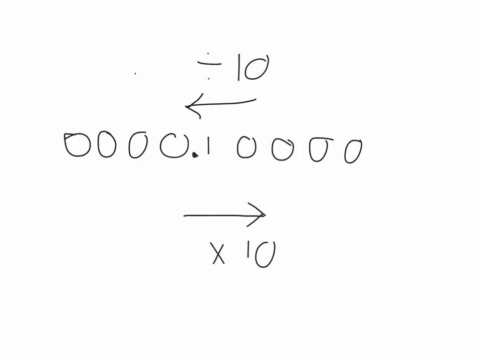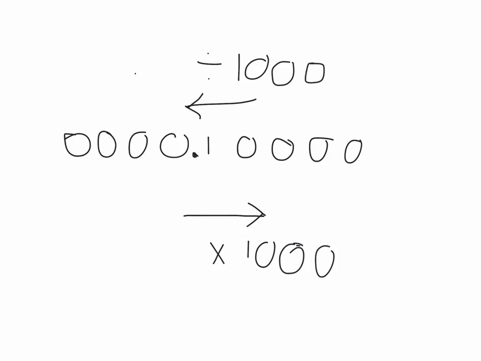Now, if I wanted to multiply by larger numbers, we'll jump to 1,000. So we multiply and divide by 1,000, and we'll stick with 0.1. This time I want to multiply by 1,000. What direction is that? That would be moving the decimal point to the right.